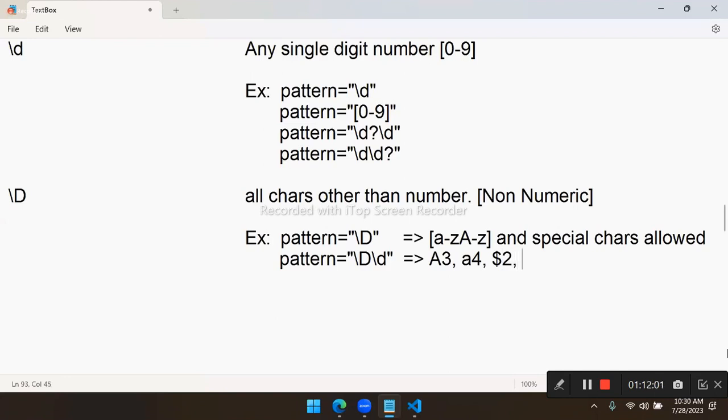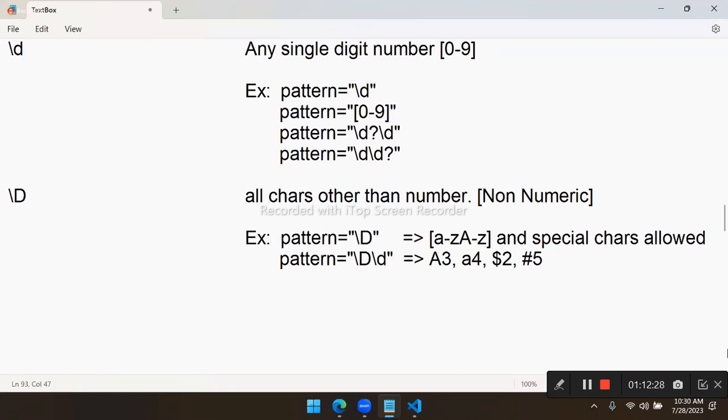Last must be number and it can have any symbol you want. You can put a question mark if you want to ignore that, that means with number or without. Remember, it's not like I'm giving 2 means only 2. You can add any number, right?